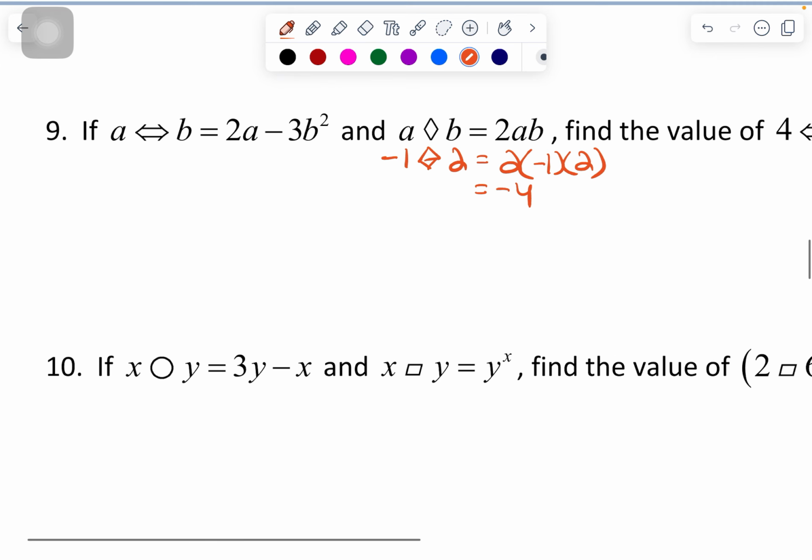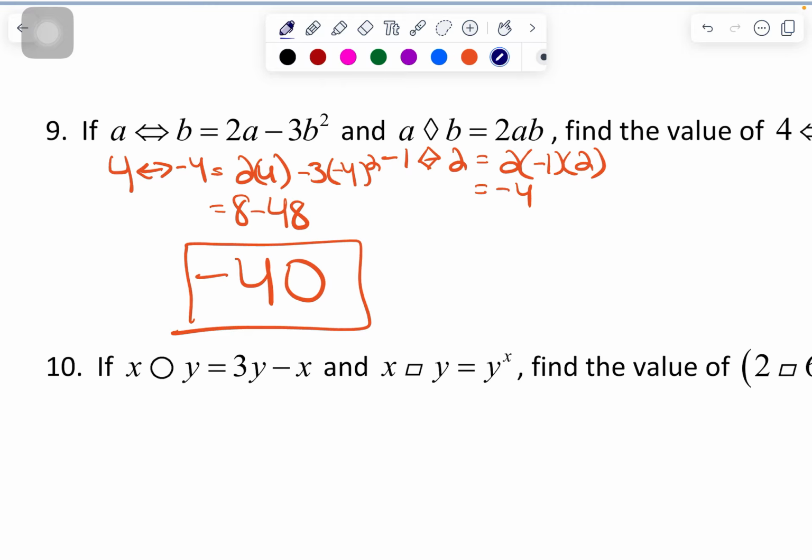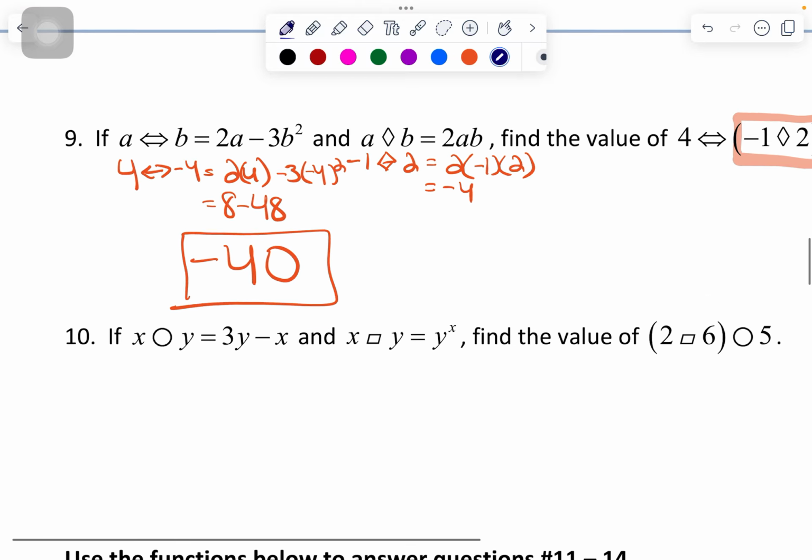So then we're going to do 4 arrow negative 4. So 2 times 4 minus 3 times negative 4 squared. So 8 minus 48, and that's going to be negative 40. I had to make the brain work. I have a calculator handy, but apparently I'm just not going to use it today.